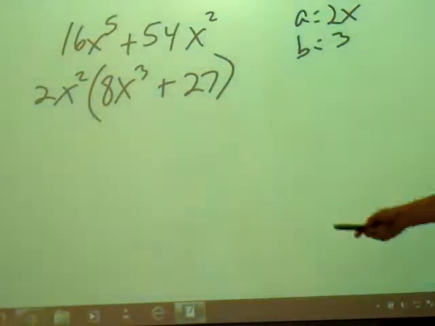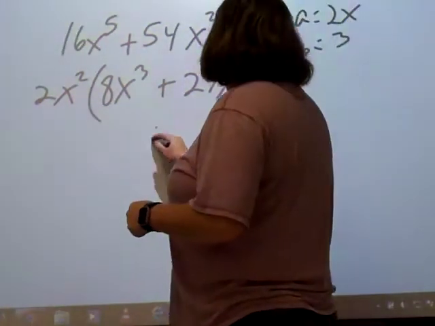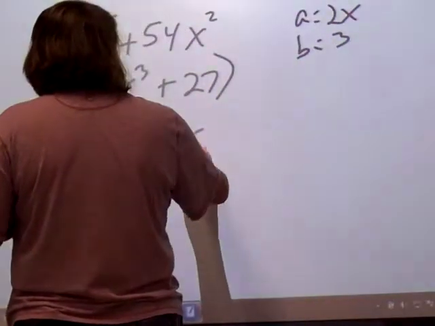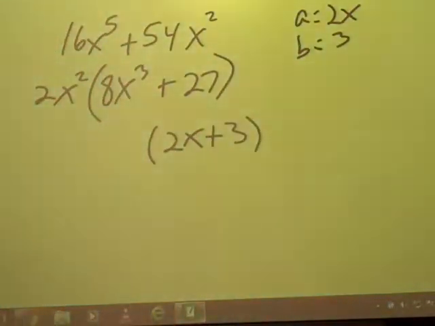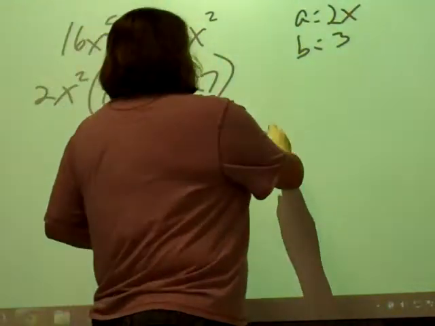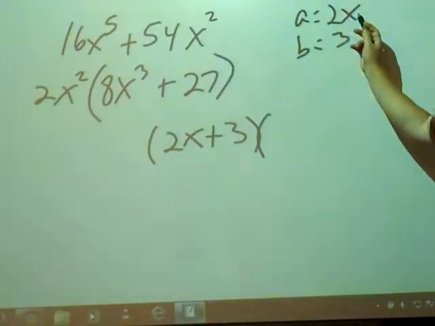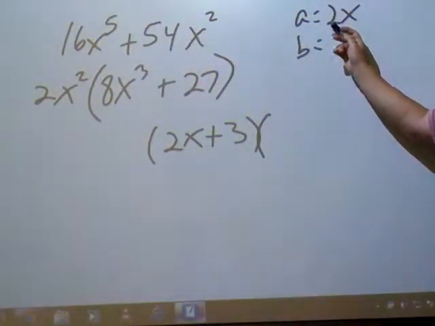Okay, this is a plus sign, so make sure you're looking at your sum of cubes pattern. It says you start off with A plus B in the first parentheses, so 2x plus 3. And then in the second parentheses, you take your A, 2x, and square it. So you have to square both of these pieces.